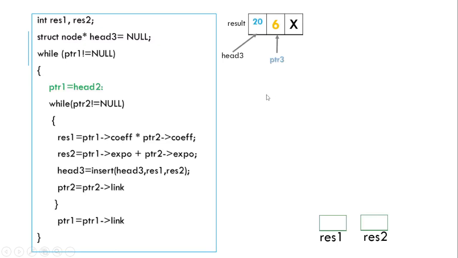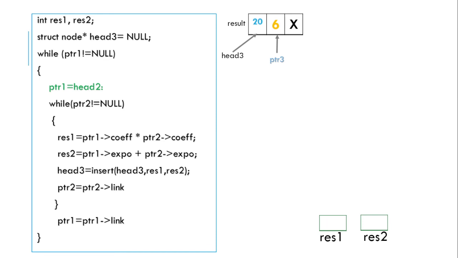That is, while ptr2 not equal to null, what is to be done? We must multiply the coefficients and add the exponents. So this is what we are doing for the intermediate results. We are multiplying the coefficients and storing it in the intermediate result res1. We are adding the exponents and storing the result in res2.